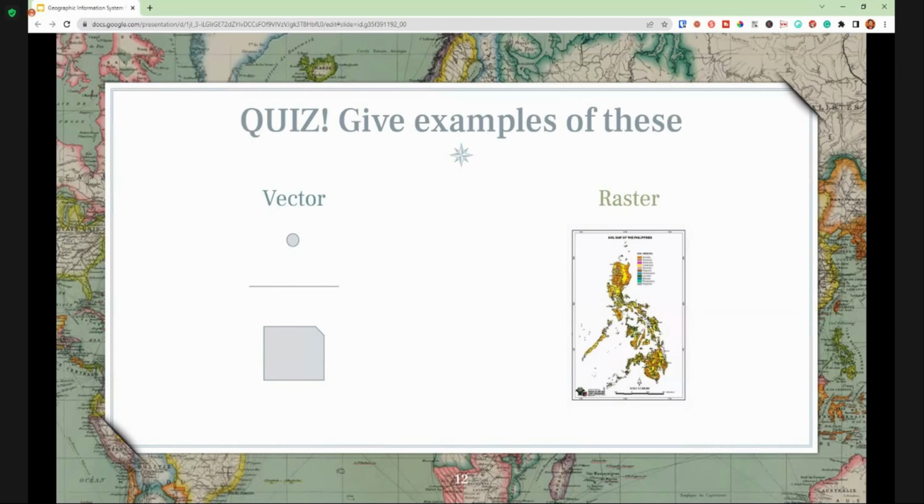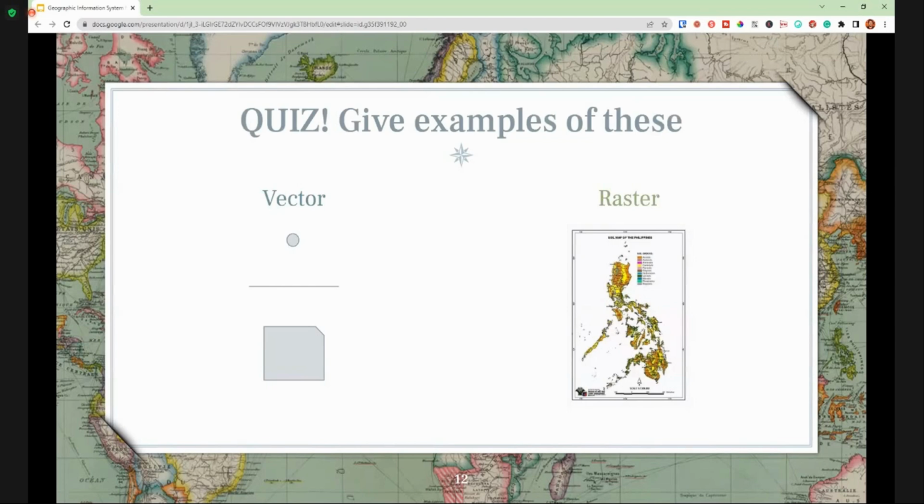Correct: location of barangay halls, utilities, social facilities, landmarks, points of interest, critical point facilities. These are some examples of point vector data.